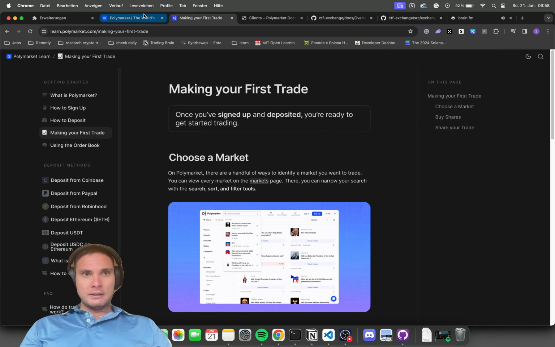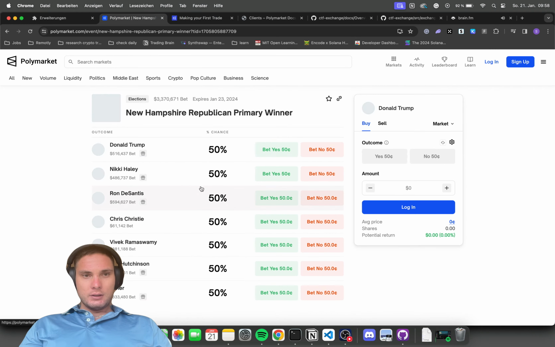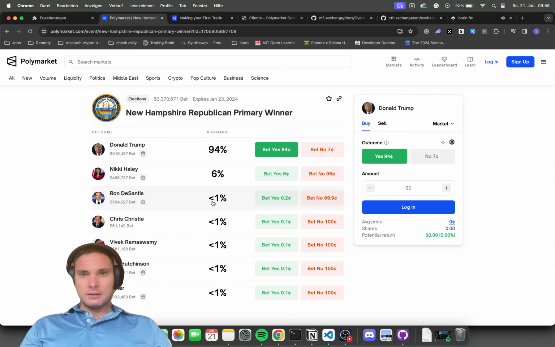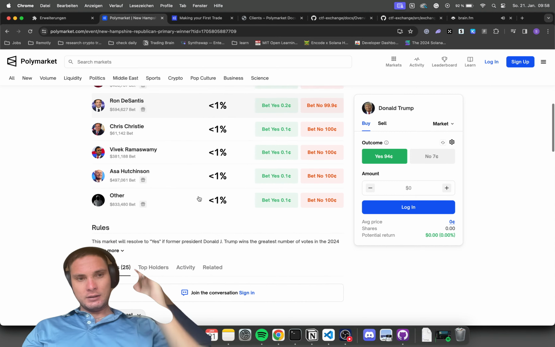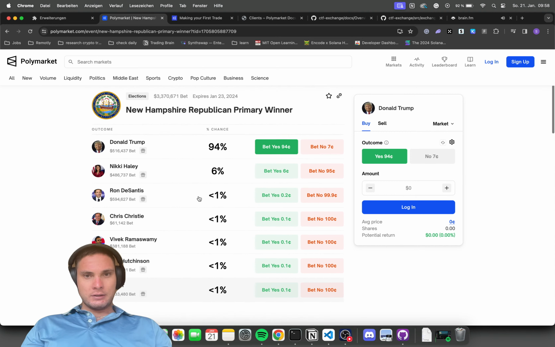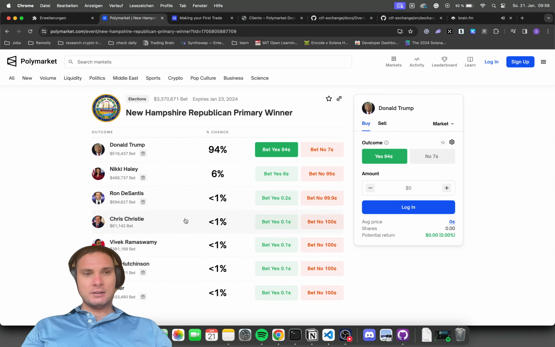So let's actually see what they all start at. Where can I see the historic data of a bet? Okay, you can actually bet on multiple outcomes even in one bet.